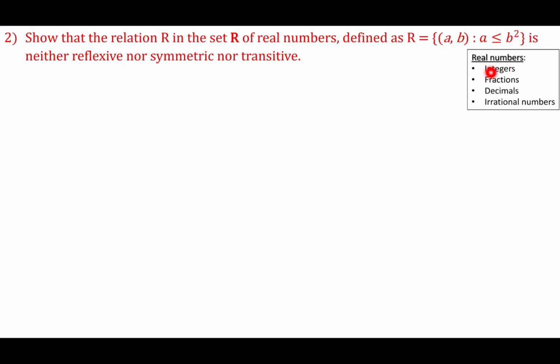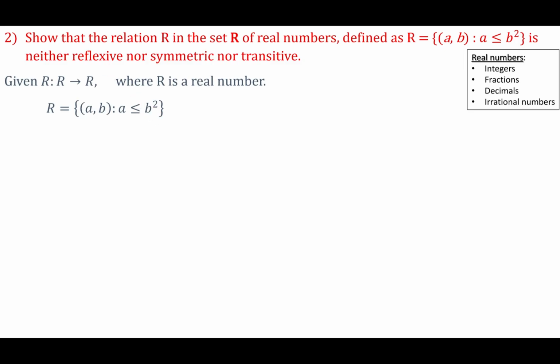Real numbers are the integers, fractions, decimals, irrational numbers. Whatever is represented on the number line, those numbers are called real numbers. Now, the given relation R is defined on the real numbers, R equals (a, b) such that a must be less than or equal to b squared.